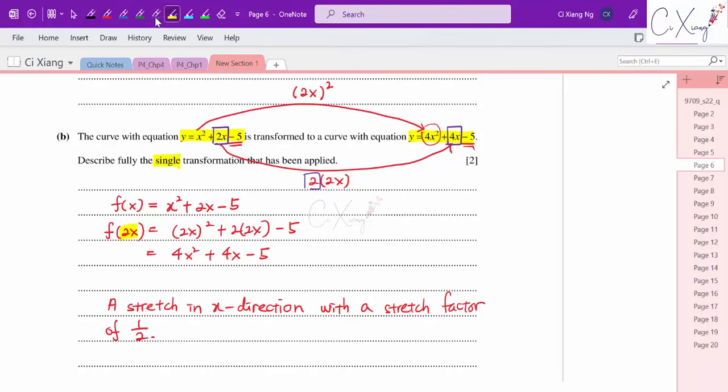Okay, basically for the stretching in the function, when we have the stretch in x, the value of the stretch factor should be the opposite. That means when you multiply by 2 inside the function, when we interpret it outside the function, it should be 1/2 basically. Alright, so this is the single transformation that has been applied to the function f(x) or the equation y.